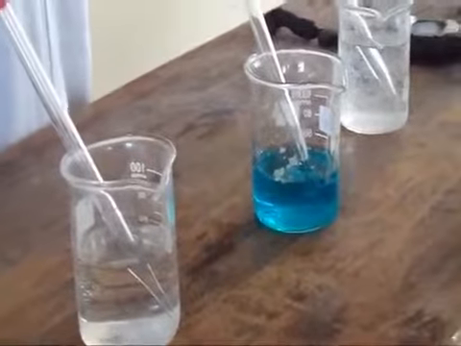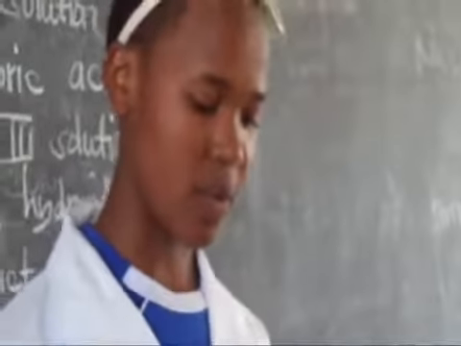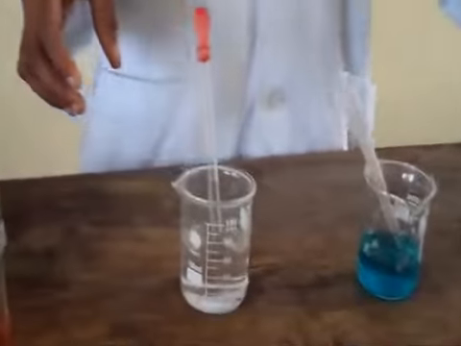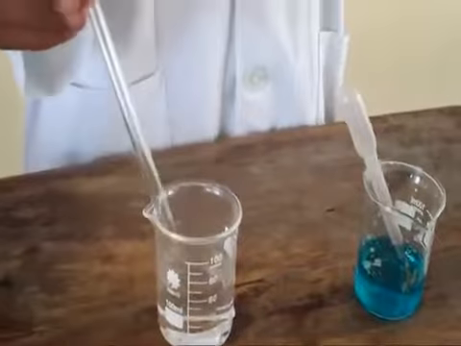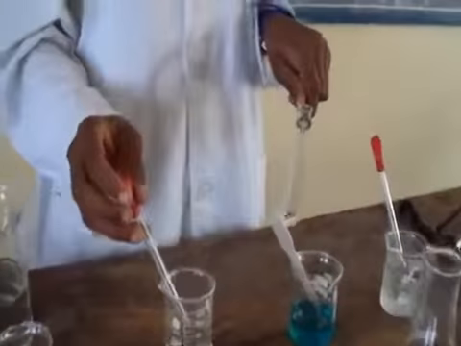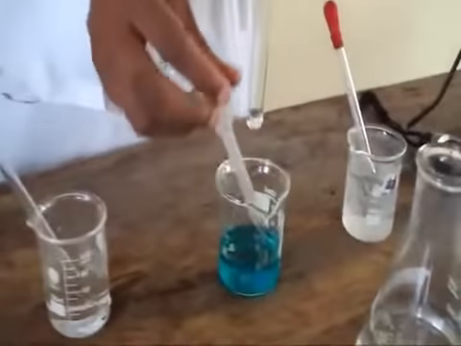The first step is to test for the presence of reducing sugar. You take 2 cc of the food sample which contains reducing sugar. Then we add 2 cc of Benedict solution, which is an equal amount to the food sample used.